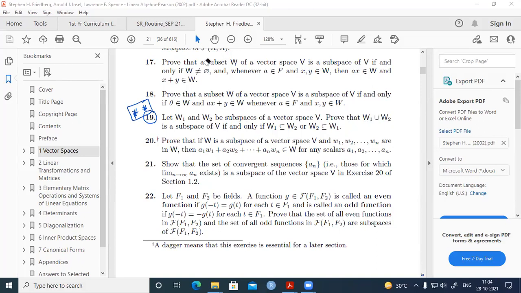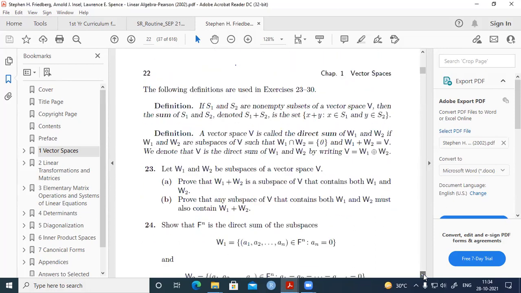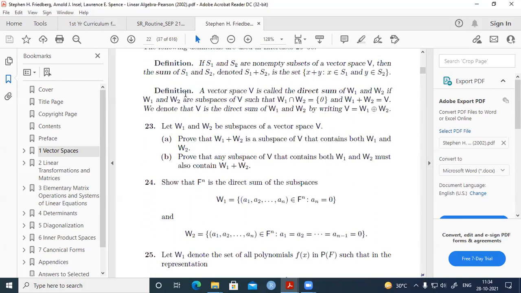Okay, so this question number 19 is actually very important. If you can't solve it, I will help you in this regard. Now you see in this particular exercise, two definitions are given. The first definition is about the sum of two sets. What do you mean by sum of two sets?